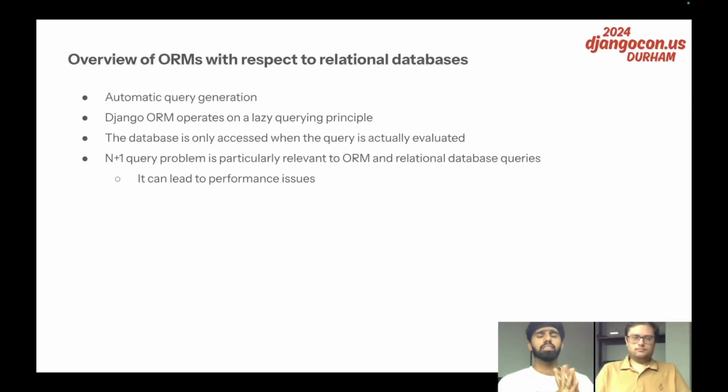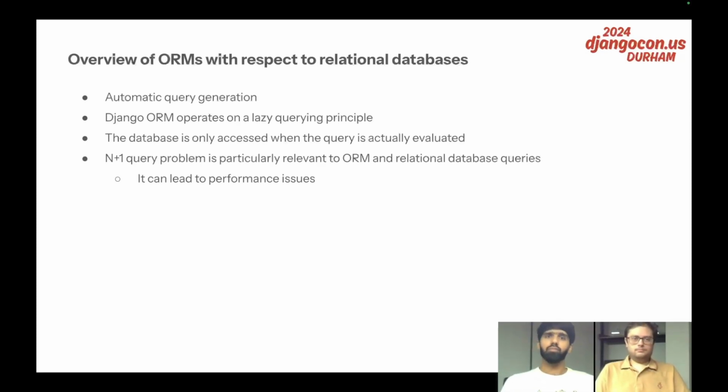On top of that, Django ORM, which we'll be using, like many others, operates on the lazy querying principle, which means that when we write any operations that deal with the database, they are not evaluated at that time, but only when we actually access the database.